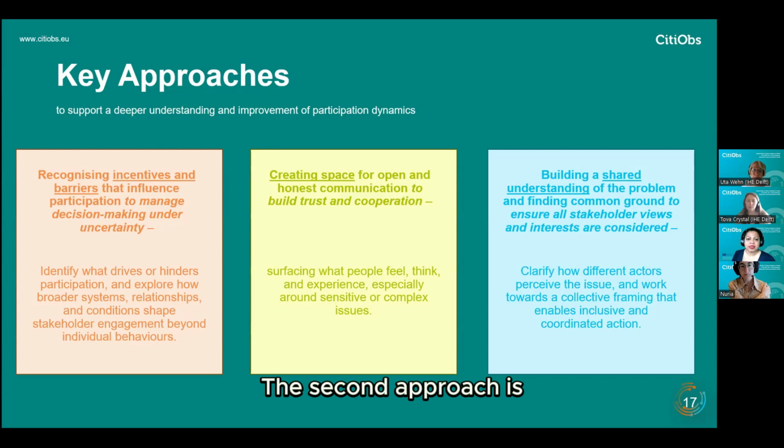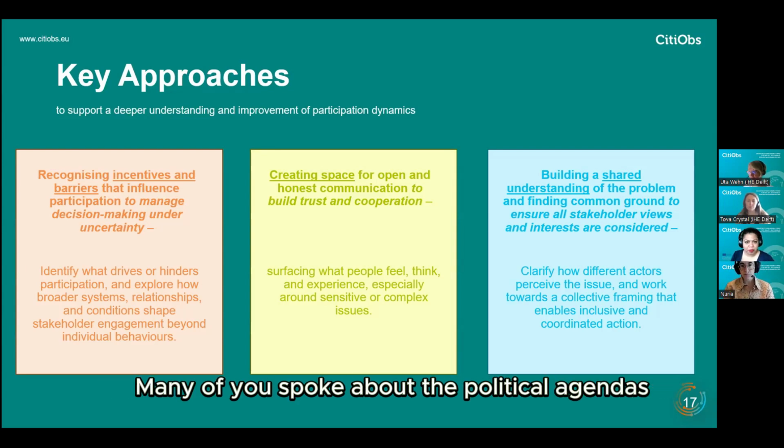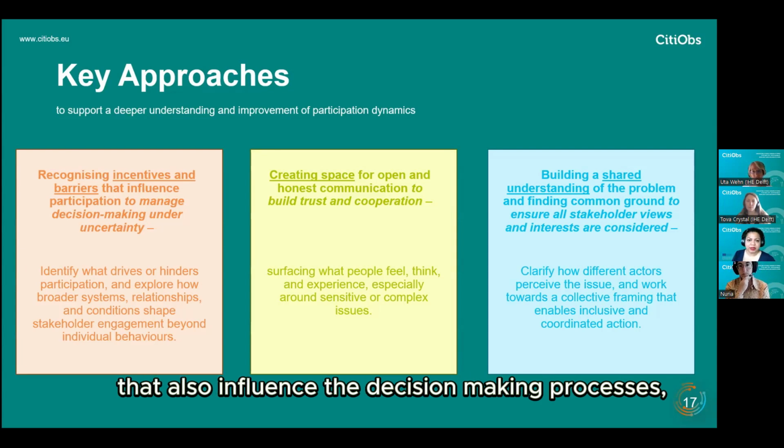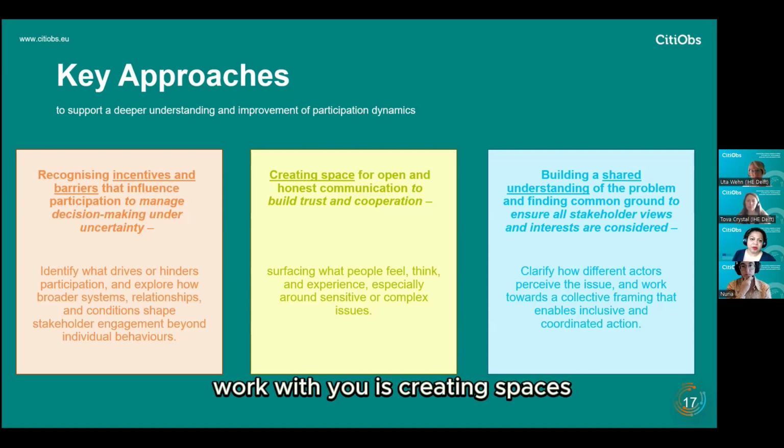The second approach is, and these are also divided as per the breakout rooms, many of you spoke about the political agendas that also influence the decision-making processes. So therefore, one of the key approaches that we want to work with you is creating spaces for open and honest communication. And that will help maybe to build trust and also to align cooperation.